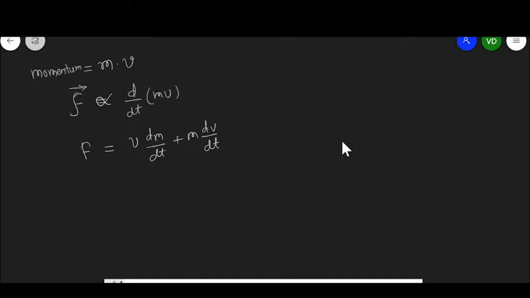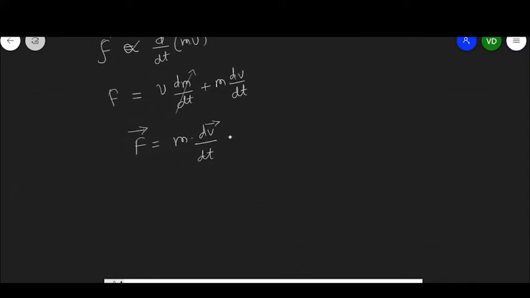Okay, it may be in wave motion, it may be anywhere. But since the rate of change of mass is very small, we can neglect it as compared to the other term, and therefore we get F equal to m dv by dt. Now that is what we find. So we can write this also as F equal to ma, where a is the acceleration.